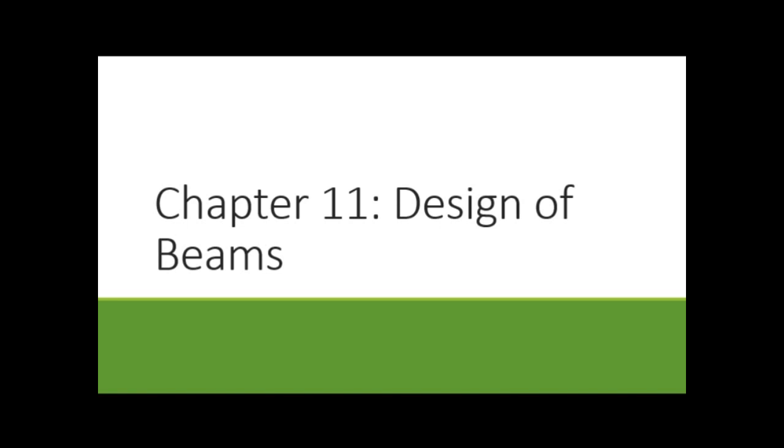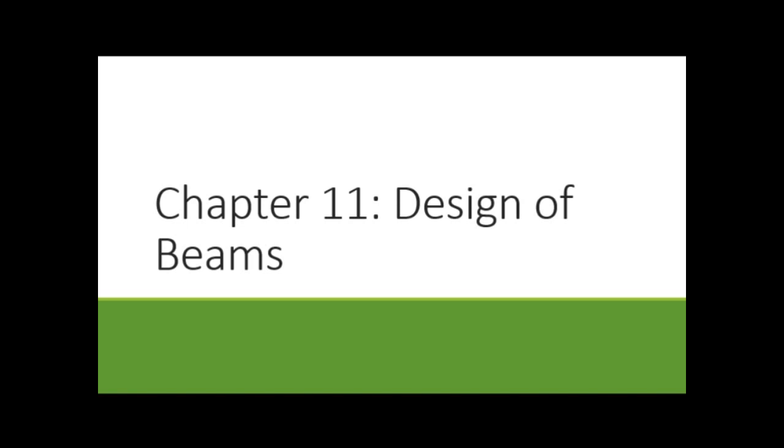For example, maybe you are now taking steel structure courses, and in that course you will learn the design of steel beams in detail. But in this course I want to give the main information about what we focus on when we want to design a beam. I just want to give you the basic idea.